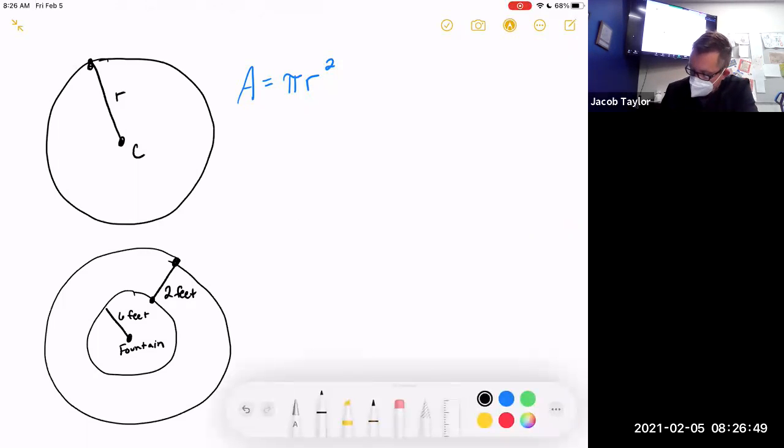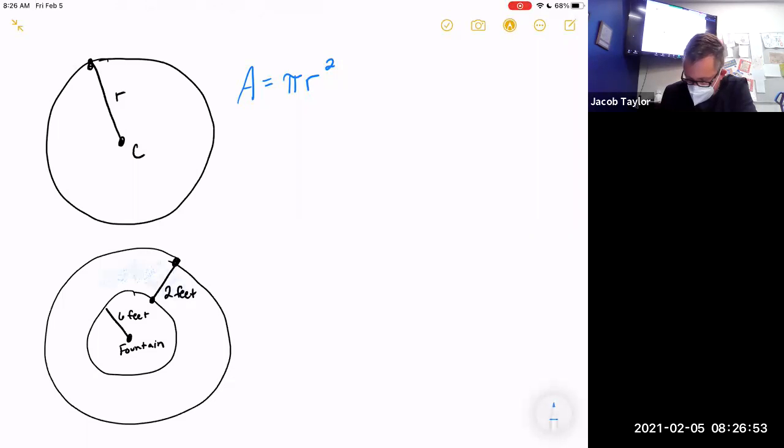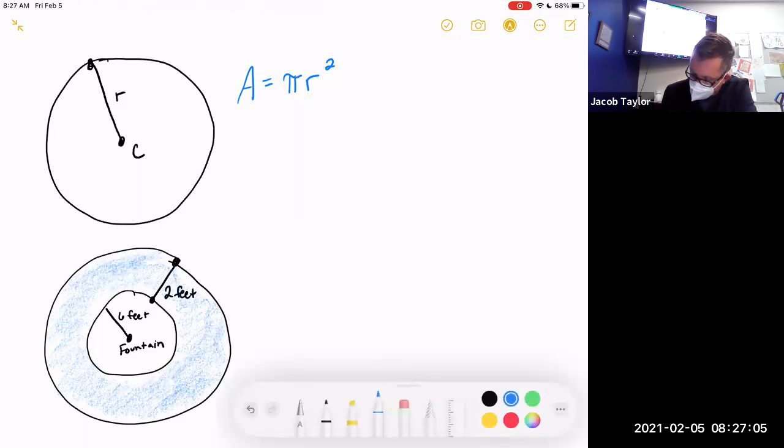So what I'm really saying is, what's the area of this piece? Very good. So Emily's saying in words what our strategy is going to be. So let's go ahead and write it out just in English.